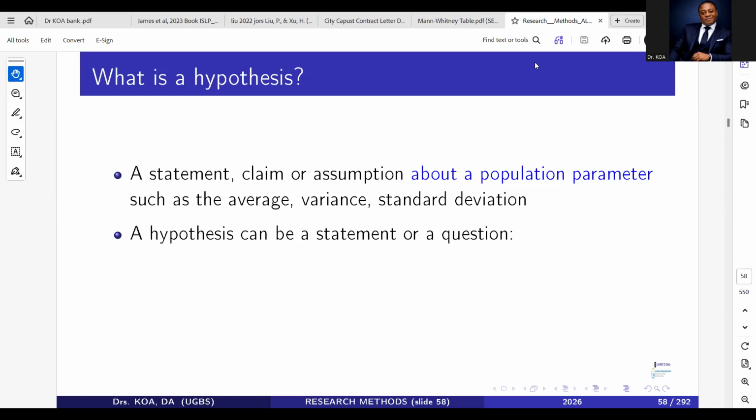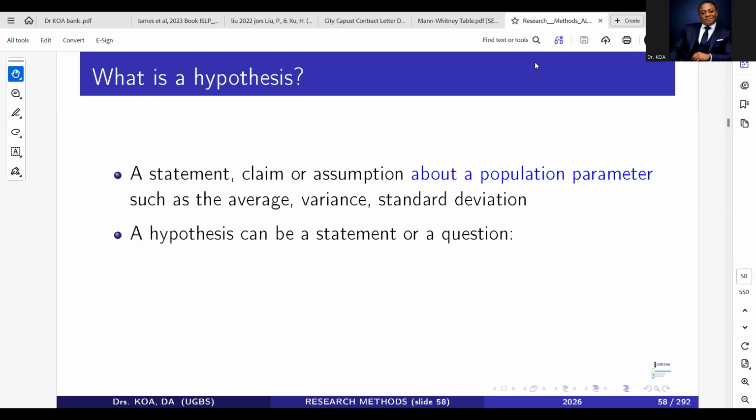So what is a null hypothesis? The null hypothesis is the authority statement. It comes from the one with the authority.